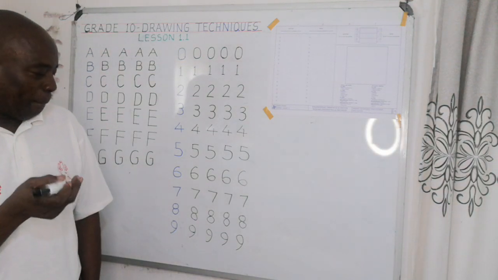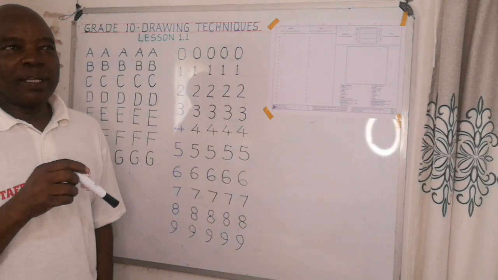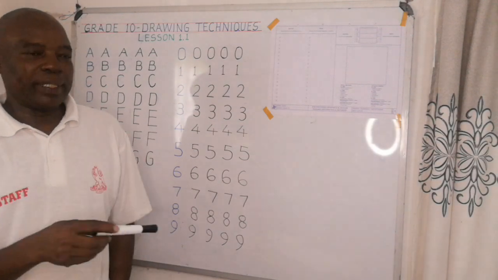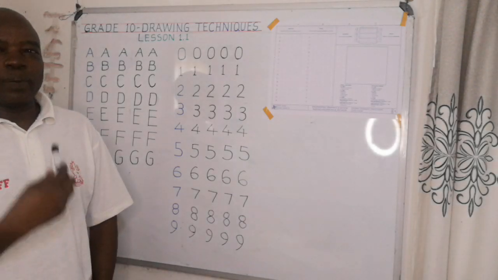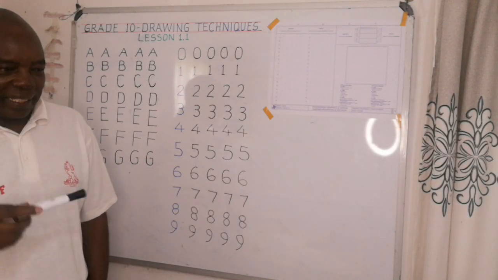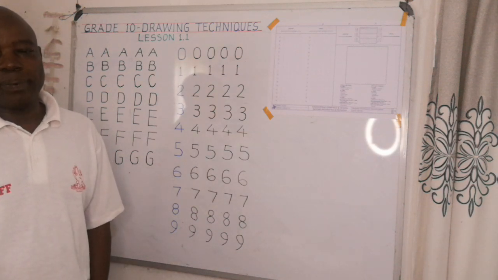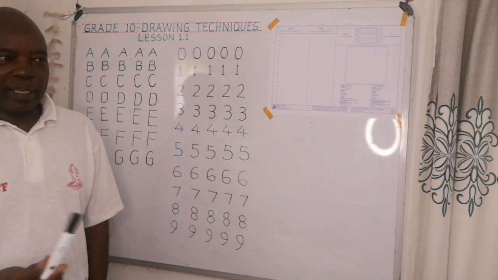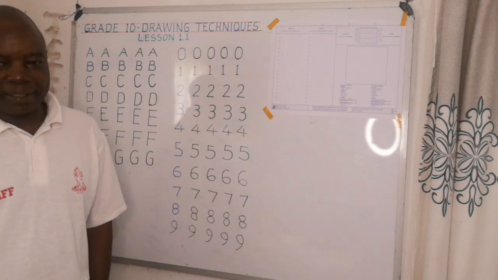So let me now erase these numerals and the letters of the alphabet. Okay, and then now let's look at the alphabet of lines. Like I said, it's a language that you are talking to someone using. So you are in the drawing office, you are drawing, and then the drawing, after you have completed, is taken to the workshop or the drafting room. Then maybe it's something that has to be made. The drawings are sent to the workshop, and then they come up with an object from those drawings that you have done.